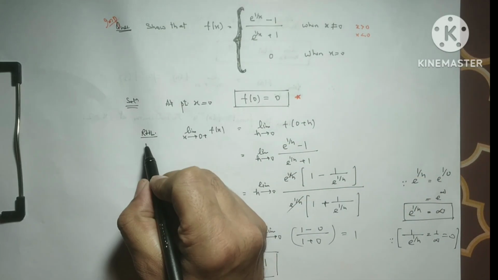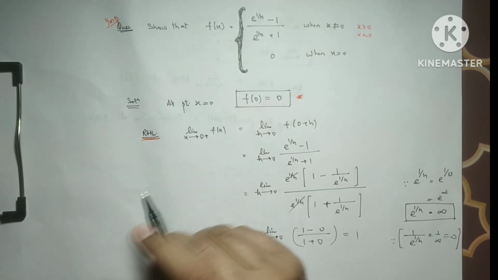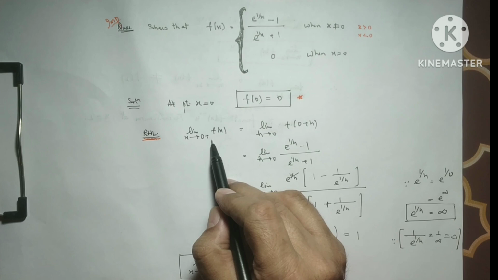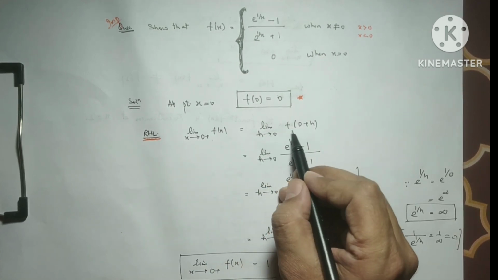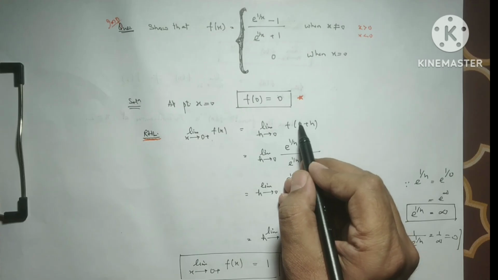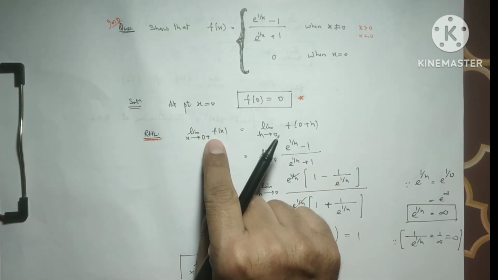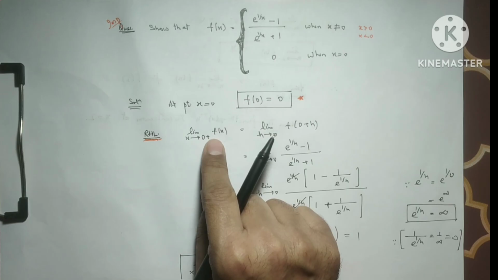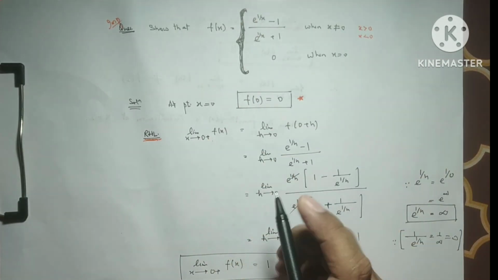Now we go for the right hand limit. So according to the right hand limit, limit x tends to 0 plus of f(x). So we put f of 0 plus h, and we put 0 plus h in this function because right now it is 0 plus, or you can say when the values of x are greater than 0. So we use this function.